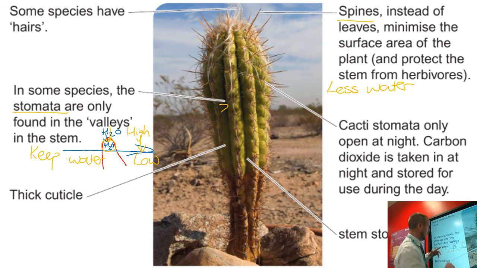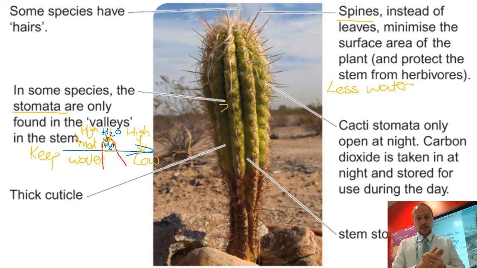If they do have valleys, the water there is going to increase the concentration, so we could say there's a medium concentration of water. So there would be less of a concentration gradient, and diffusion is not going to happen as quickly. Hope that makes sense. It keeps water in, the fact that they've got sunken stomata which are in valleys.